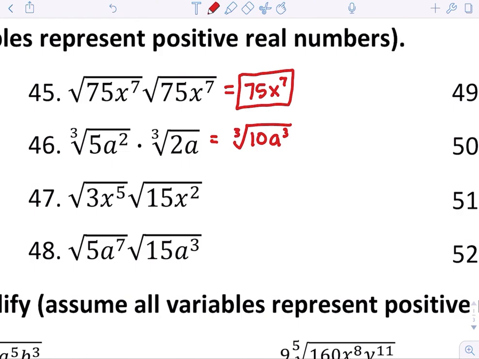But for the a cubed, they take this power, so 3 divided by the root, which is 3. So 3 divided by 3 is 1. That means 1a gets to come on the outside, and the leftover is cube root of 10.